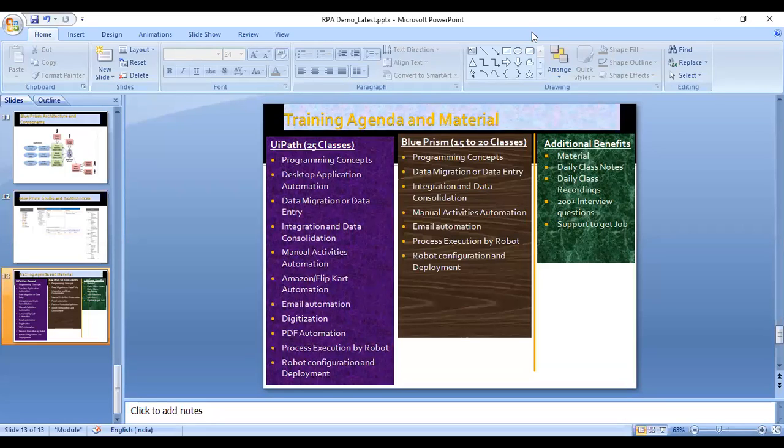Hi, this is Nitin, along with Venkatesh. Yeah, Nitin, good. Tell me. Actually, in this agenda, we are seeing UiPath and Blue Prism classes. Actually, we are looking for UiPath as well as Automation Anywhere classes. Is it possible to replace the Blue Prism classes with Automation Anywhere?